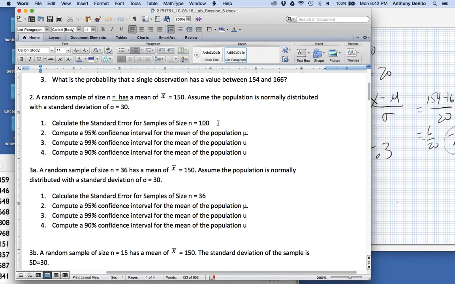The first problem is we don't know the population standard deviation, right? So instead of using the z-score, what are we going to have to use? We're going to have to use a t-score instead. Now, I'm going to let you in on a dirty little secret.